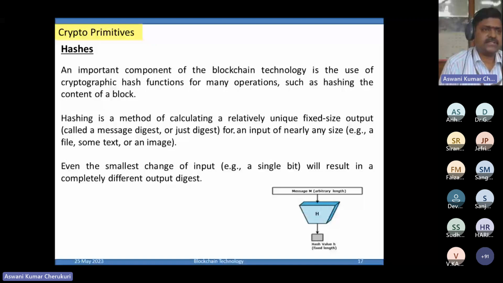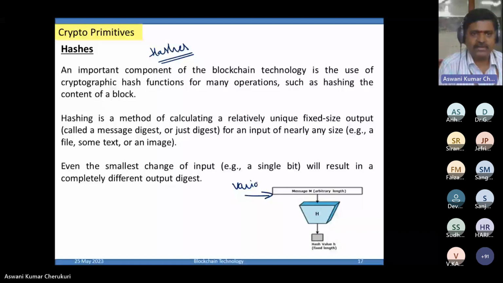Number one, it is the hash function. So hashes are one-way functions which are rooted in cryptography. If you notice, any hash function takes a variable length input and produces a fixed length output.